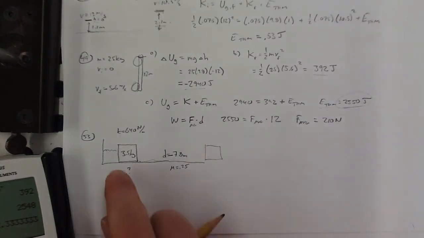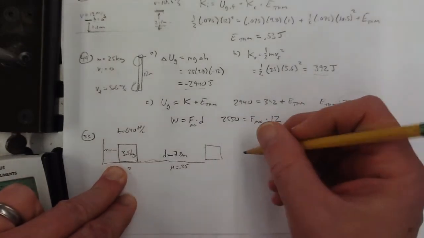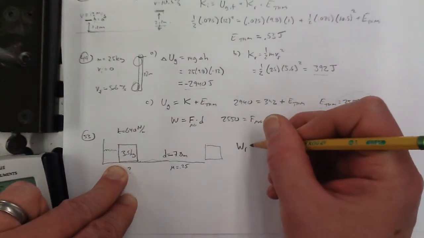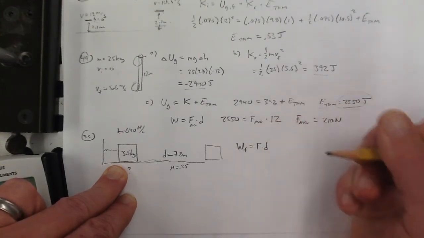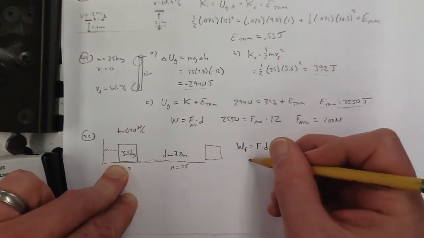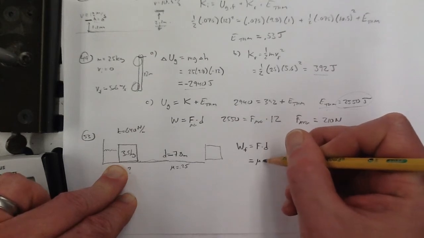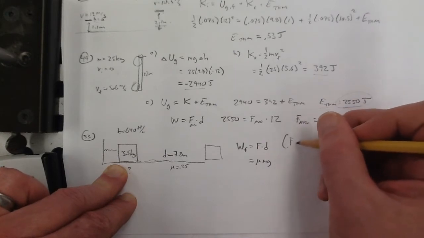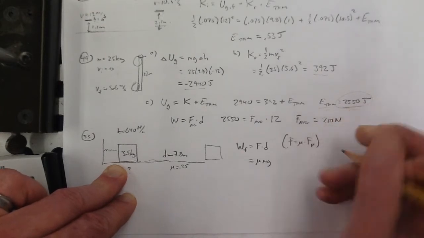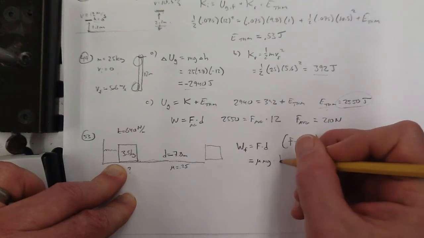All right, so what can we figure out here? Well, the work done by friction is what stopped it. So that frictional force is mu times mg, right? Remember that the force of friction is equal to mu times the normal force. And since this is just flat, the normal force is just the weight, mg, of the block.